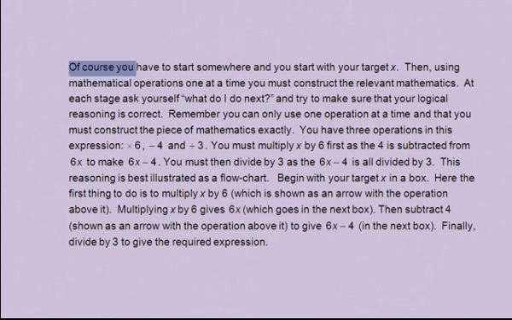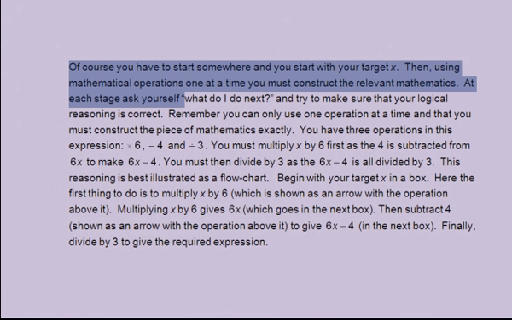Of course, you have to start somewhere, and you start with your target x. Then, using mathematical operations one at a time, you must construct the relevant mathematics. At each stage, ask yourself, what do I do next? And try to make sure that your logical reasoning is correct. Remember, you can only use one operation at a time, and you must construct the piece of mathematics exactly.